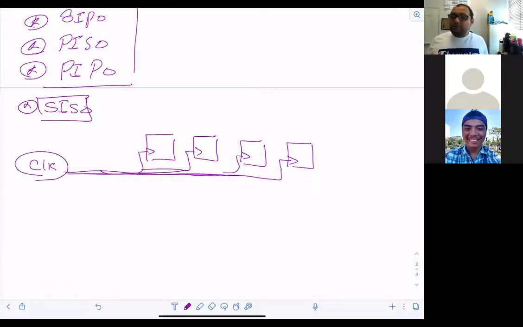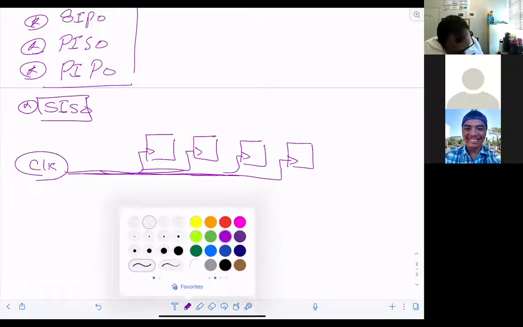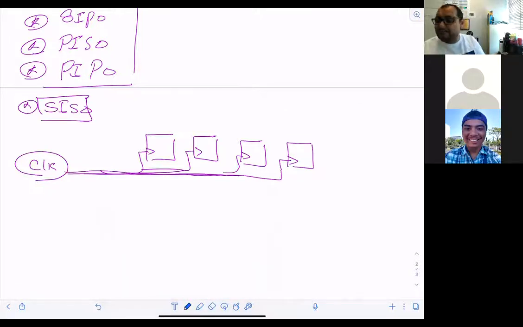Now I would like to show the implementation of the configuration. So if I say it is SI, that means serial input. In that case, my input is going to be here at the D. So I have D here, D here, D here, D here, and I have Q here, Q here, Q here, and Q here. Sounds good?